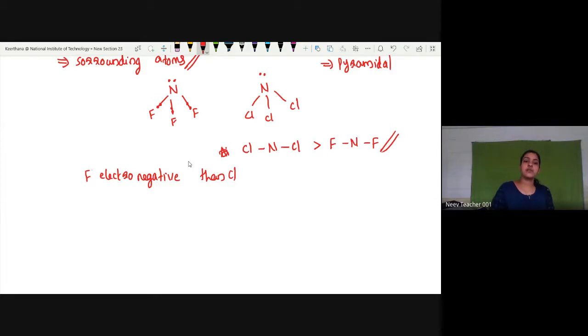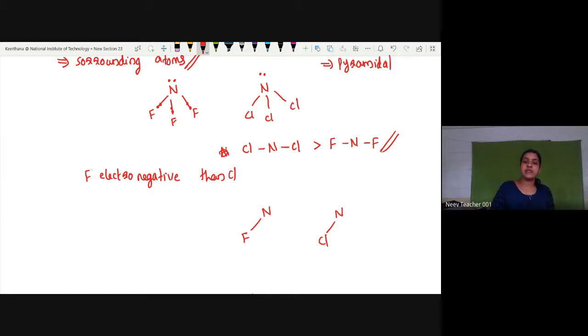Just consider the NCl and NF bonds separately. Fluorine has the ability to attract electrons towards itself as compared to chlorine. Fluorine has the high ability.